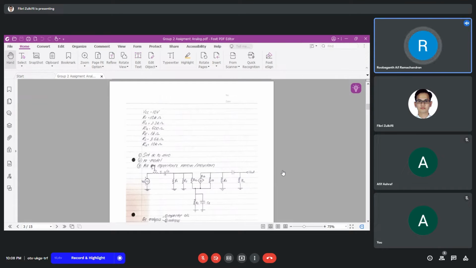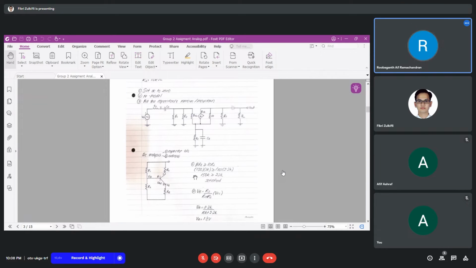So the next is regarding the calculation. From the circuit, first of all we need to set the DC to 0, then draw the re model, and then keep all the capacitors maintained.